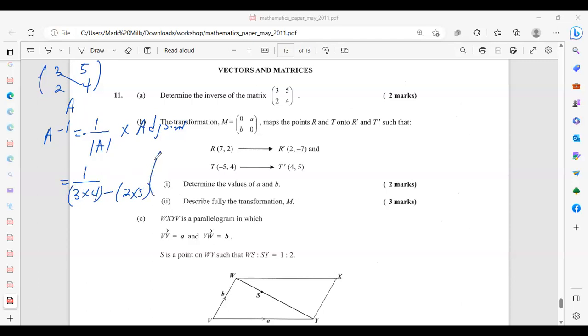Then for the adjoint, you interchange the 3 and the 4. So put the 4 here, you put the 3 here. Then you change the sign of the other diagonal, right? We change the sign of the other diagonal. So this will give me -2 and -5.